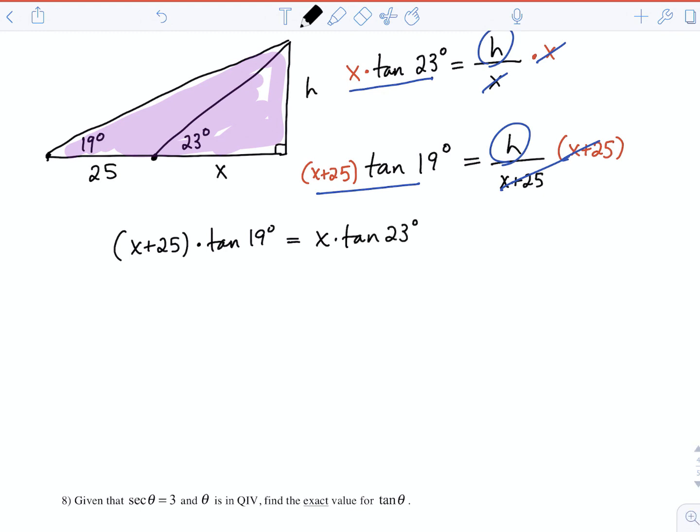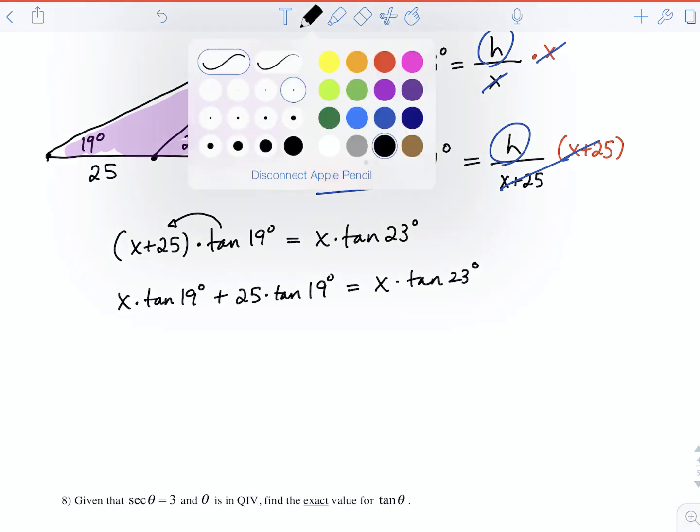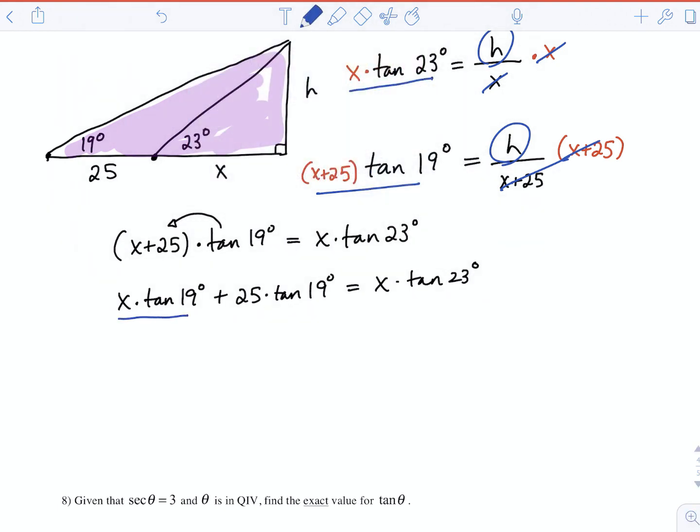And then go ahead and distribute this. Tangent of 19 times x, and then plus 25 times tangent of 19. And the right side just stays as it is for now. The next thing is, since this has an x in it and this has an x in it, put them on one side.